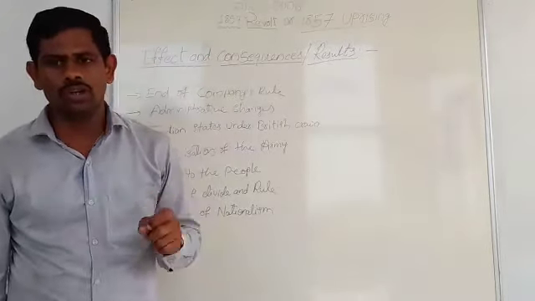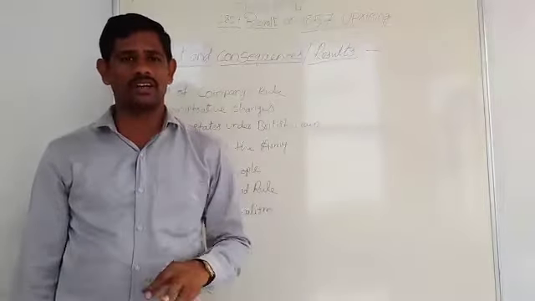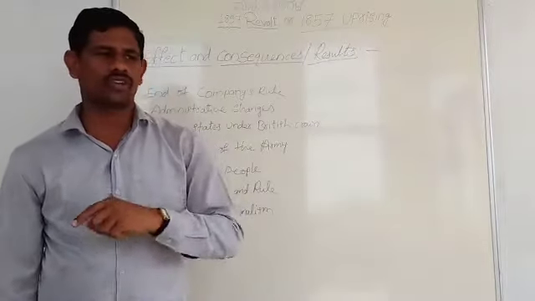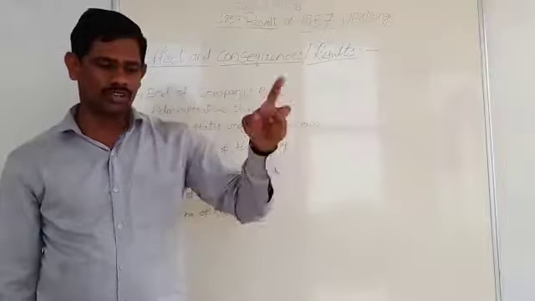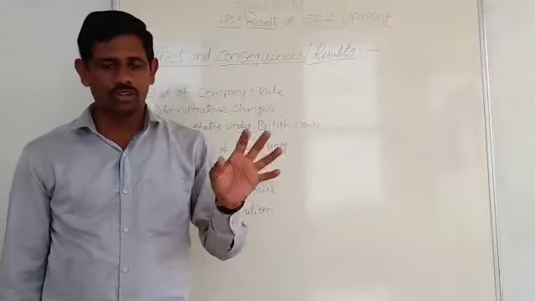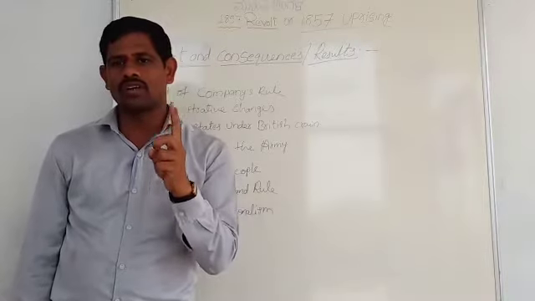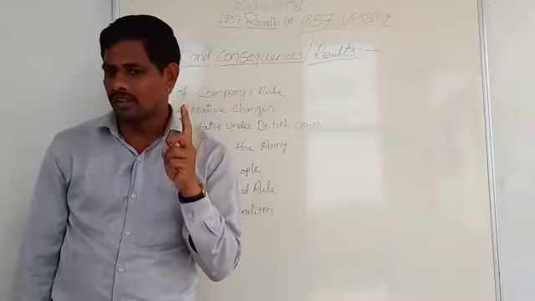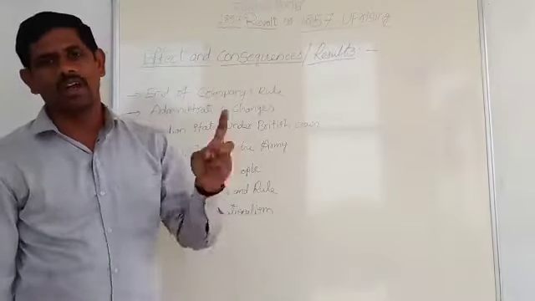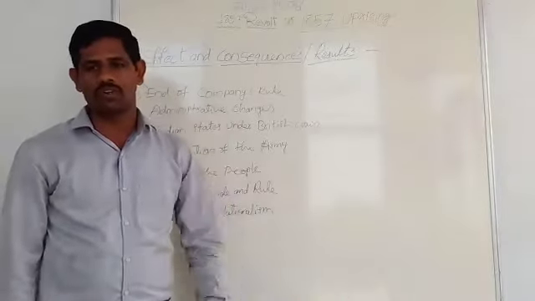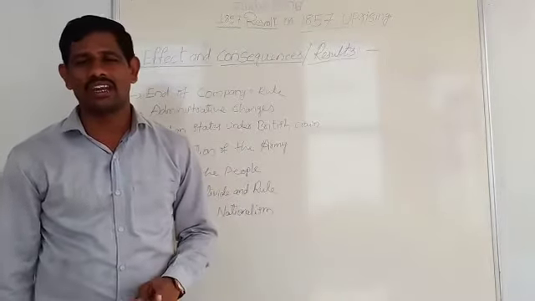Next, the Governor General received the additional title of Viceroy. Instead of Governor General, he got the title of Viceroy. Remember, the first Viceroy of India, and the Governor General during the 1857 revolt, was Lord Canning.